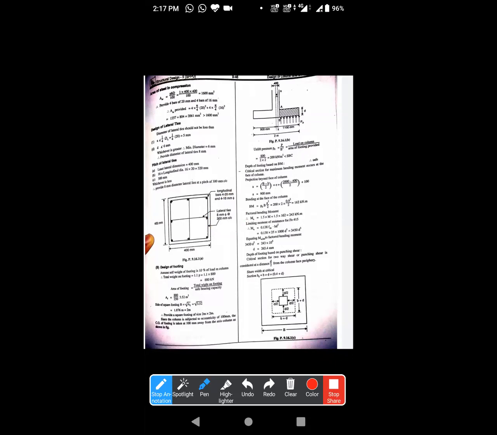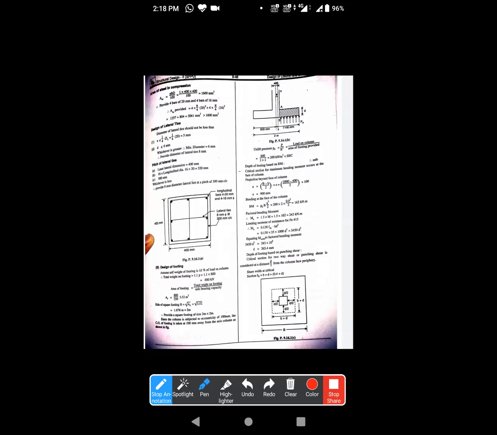Now you are going for the design of footing. Assume the self weight of footing is 10% of the load on the column, which we have already discussed.